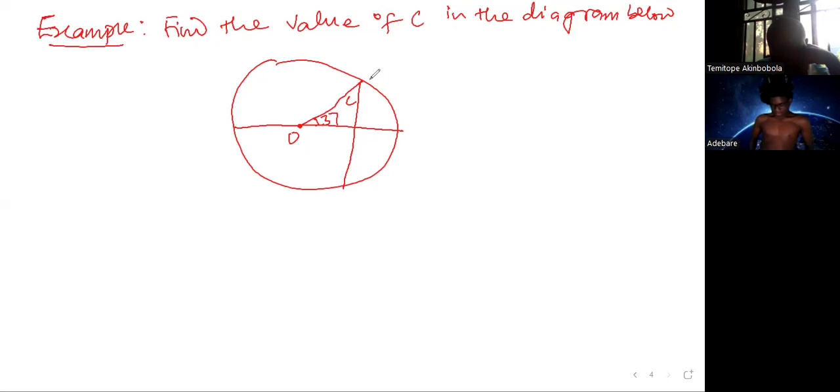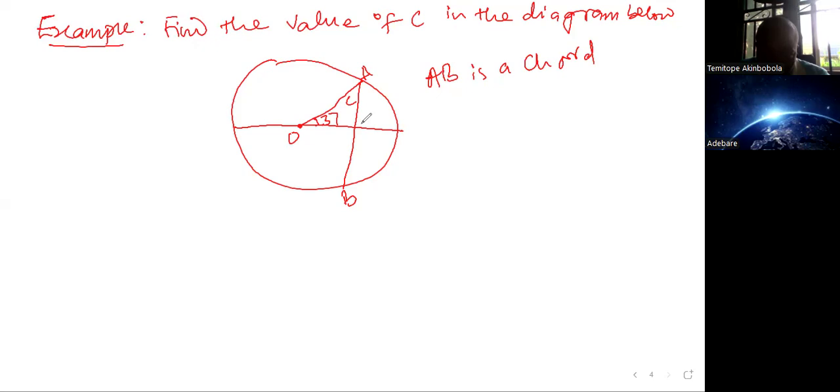Yeah, it's good. So this is a chord, right? This is a chord. So to make sense, let me label it. If I say this is A, this is B, understood? So AB is a chord.